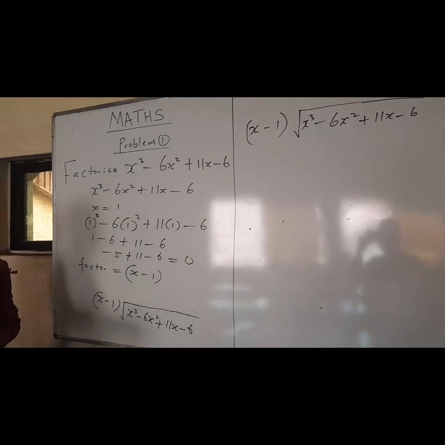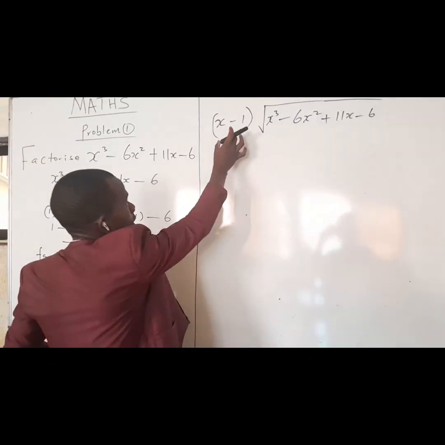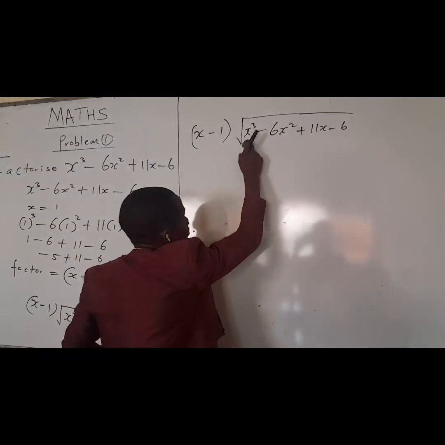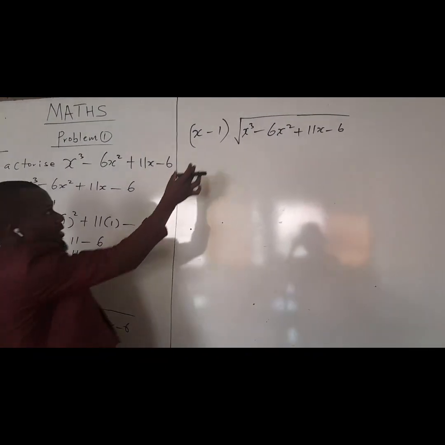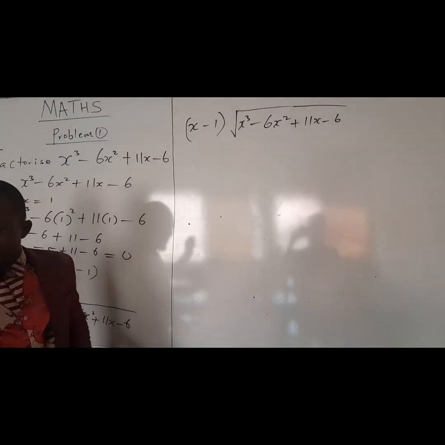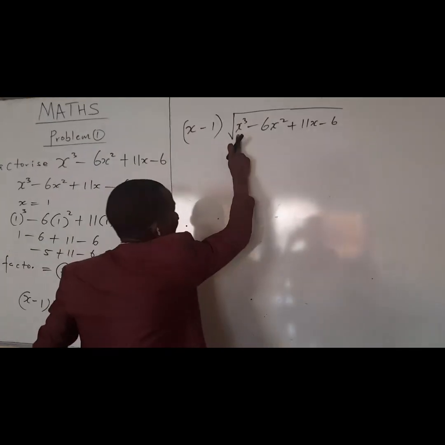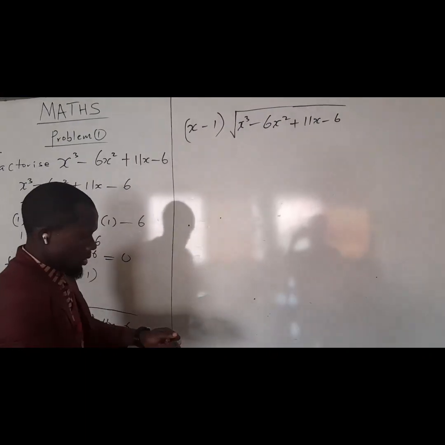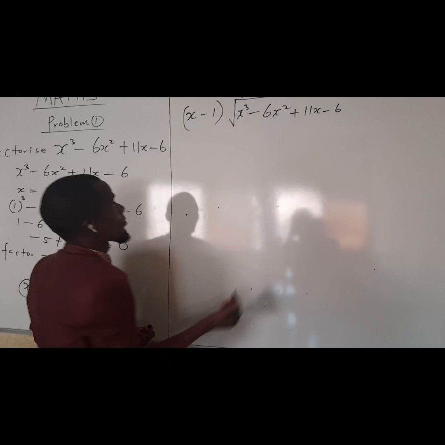The next thing I'm going to do is ask what I will multiply with x minus 1 that will give me x cubed minus x squared. You see that if I multiply x minus 1 times x squared, I'll have x cubed minus x squared.